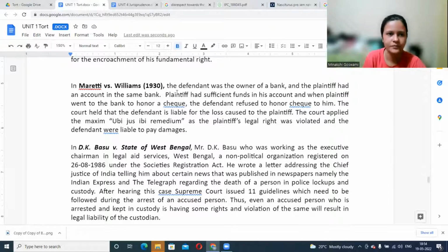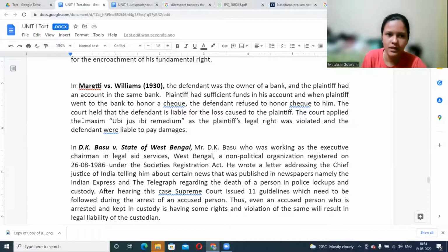Next case we have is Marzetti versus Williams. The defendant was the owner of a bank, and the plaintiff had an account in the same bank. The plaintiff had sufficient funds in his account, and when the plaintiff went to the bank and deposited a check, he wanted it honored. The defendant refused to honor the check.